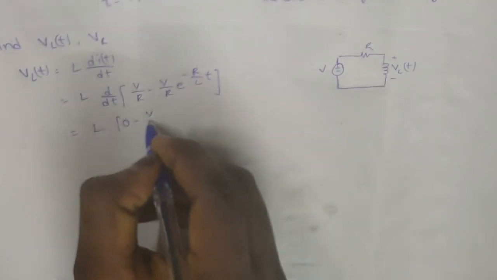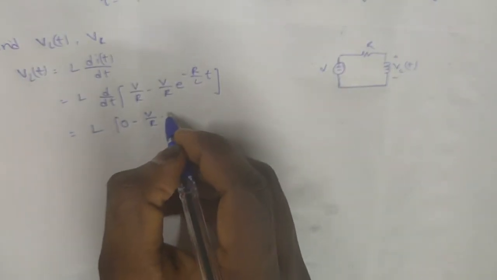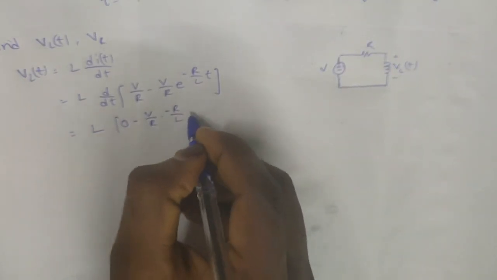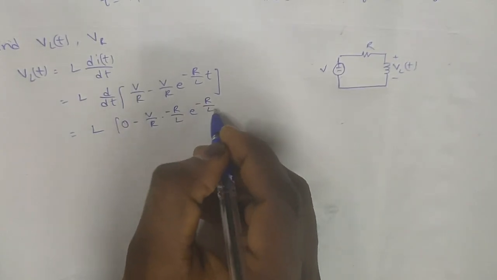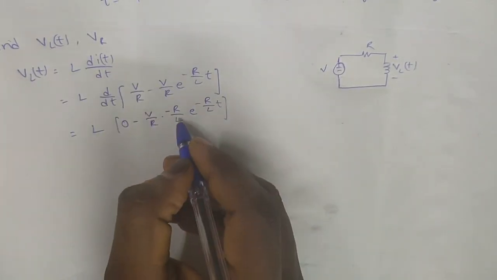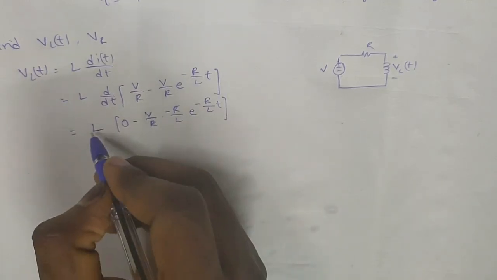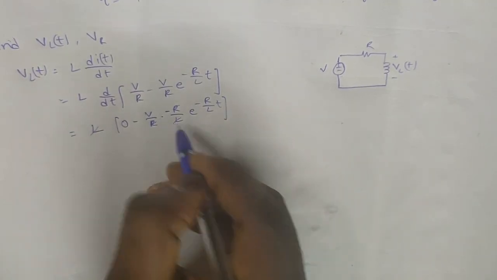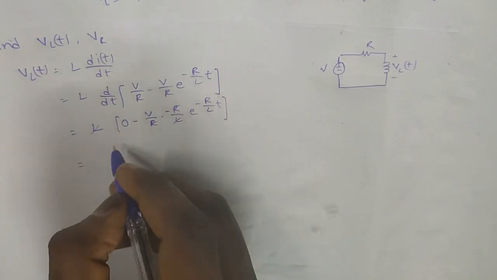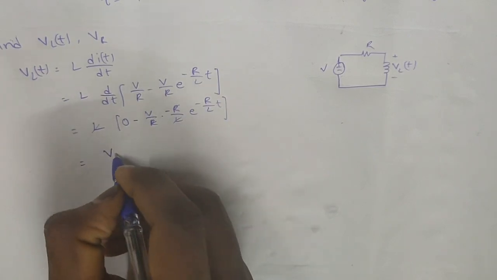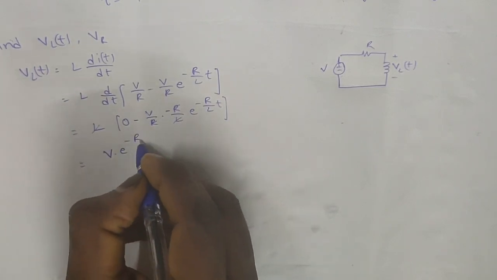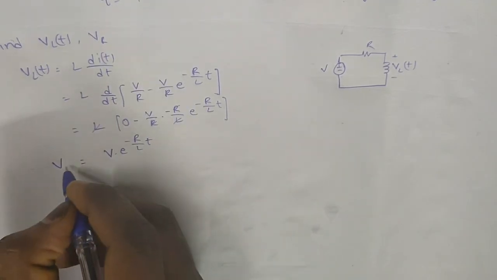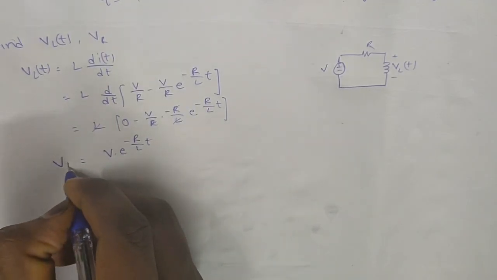So minus V by R into minus R by L e power minus R by L of t. R will be cancelled. When this is multiplied inside, this L and this L will be cancelled out. Minus into minus is plus. So V into e power minus R by L of t is the voltage across the inductor.